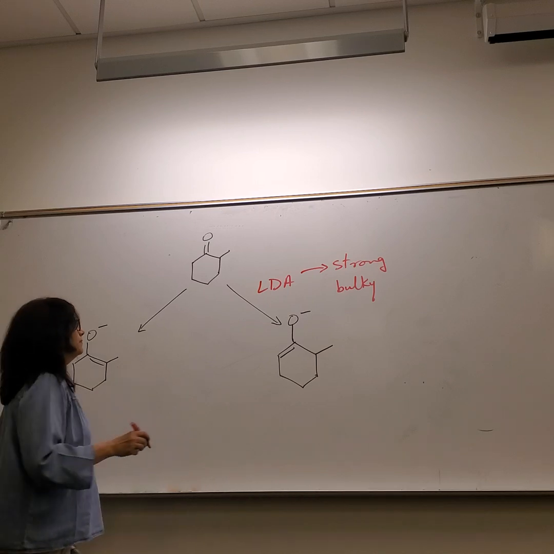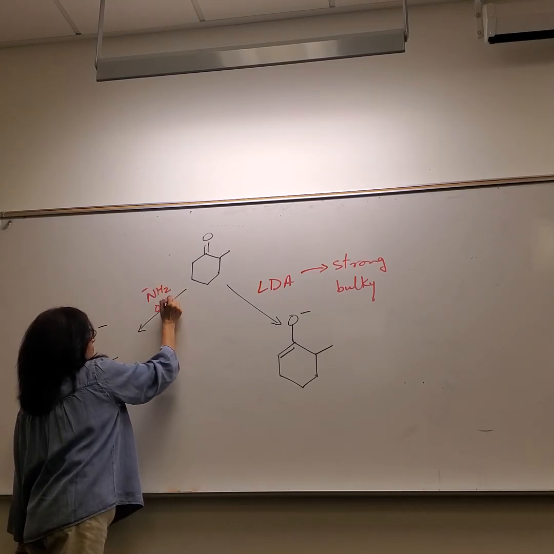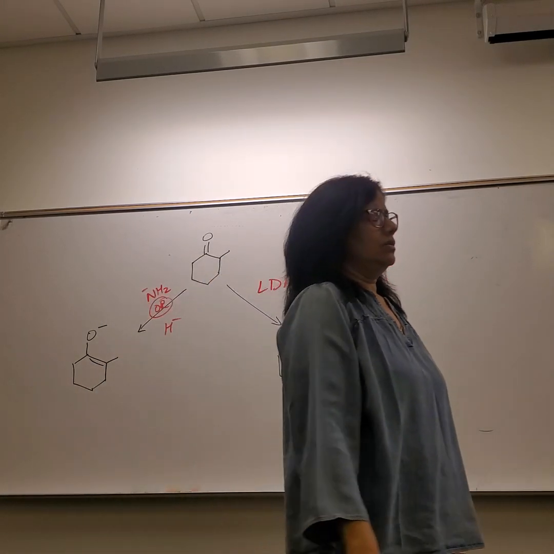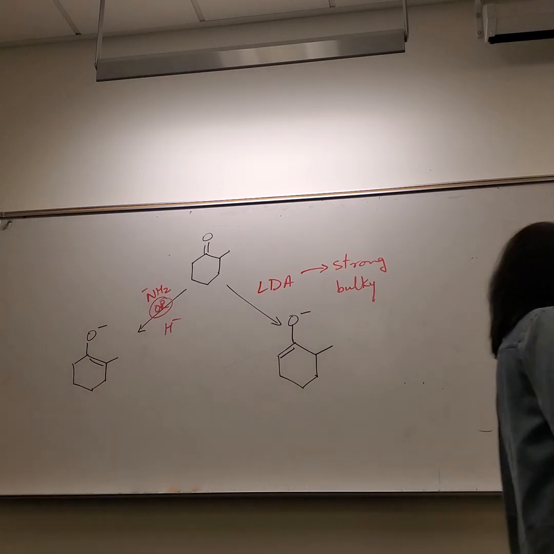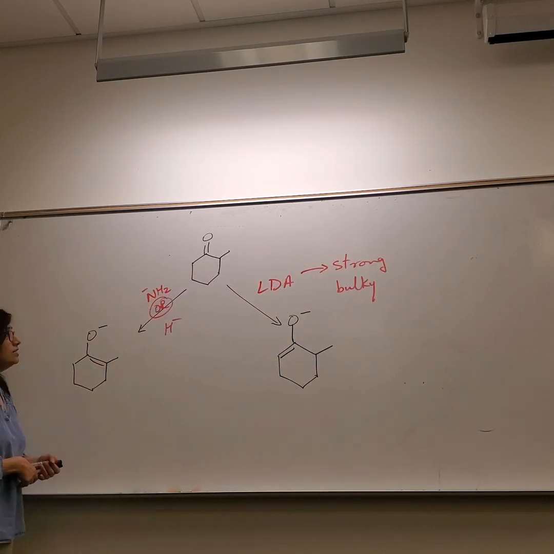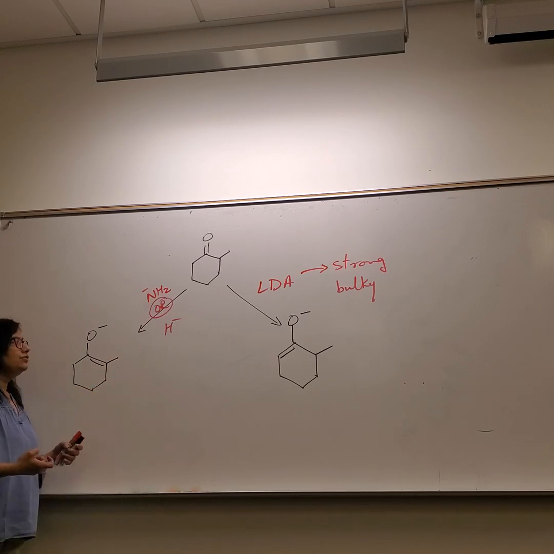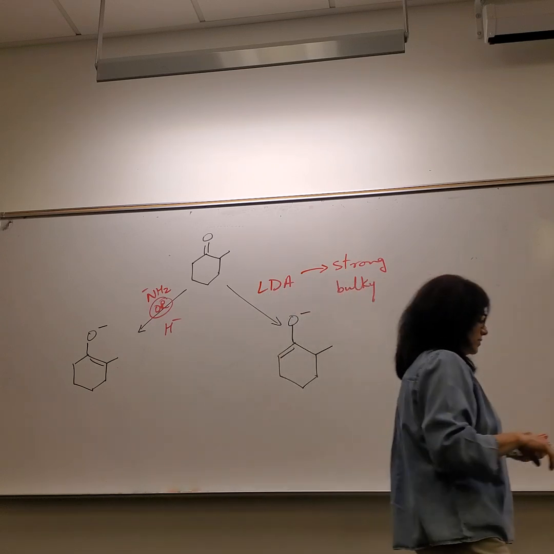And? Hydride, very strong, but very, very tiny. So we can also use these small, strong bases to give us the thermodynamic enolate, because they are small. They can go in there and take the more acidic hydrogen and create a more stable enolate. So please remember them as well.